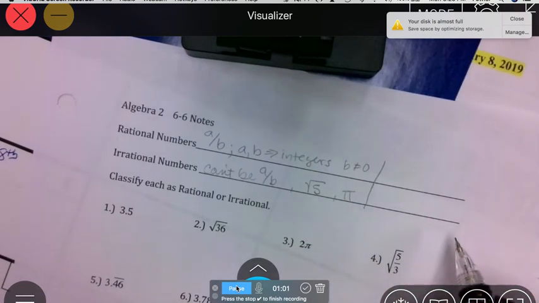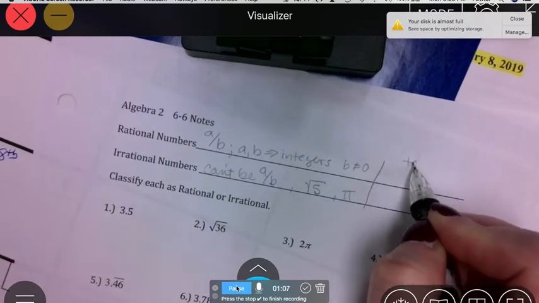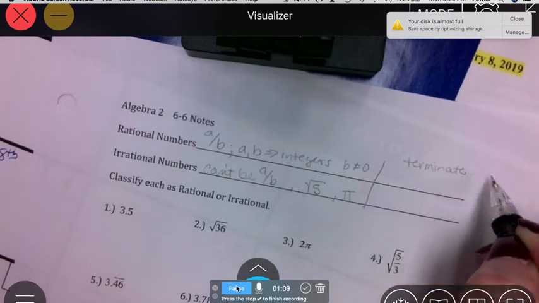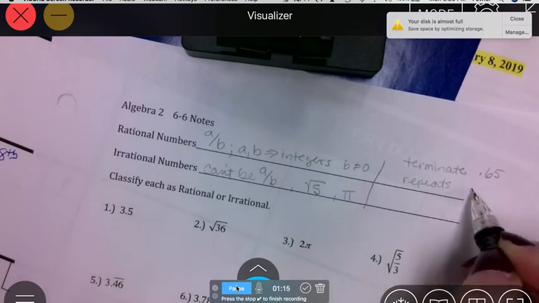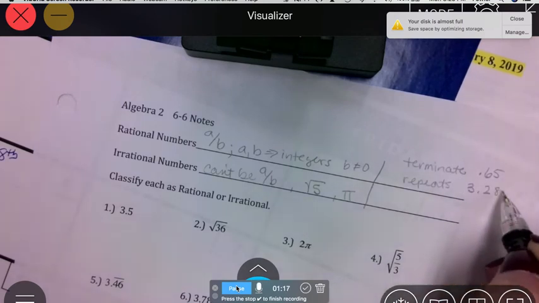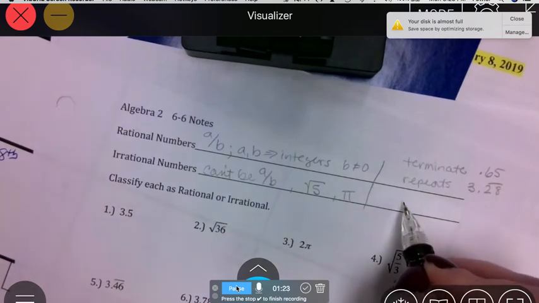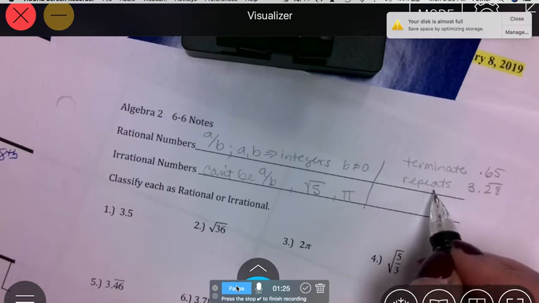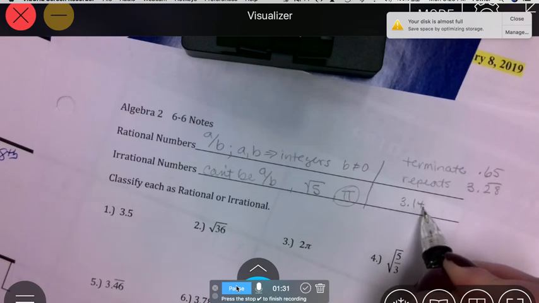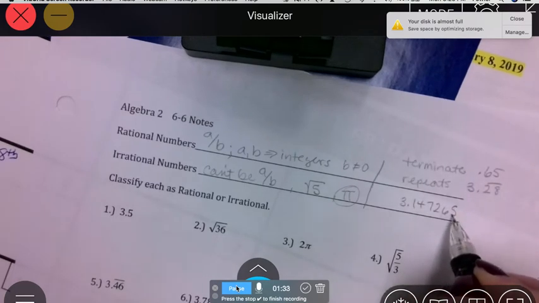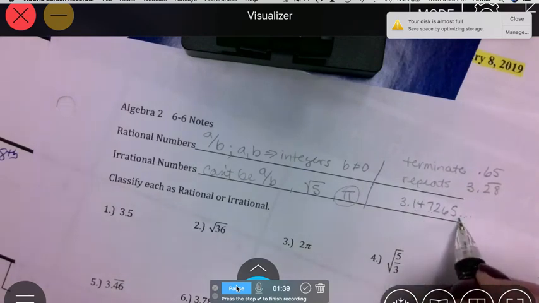For rational numbers, decimals either terminate, which means end, like 0.65, or they repeat, like 3.282828. Whereas irrational decimals are non-terminating, non-repeating. Pi would be an example. Or 3.147265..., where the dots mean it continues, but there's no distinguishable pattern.